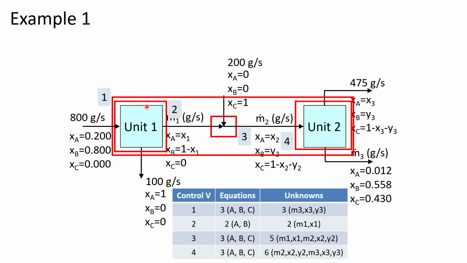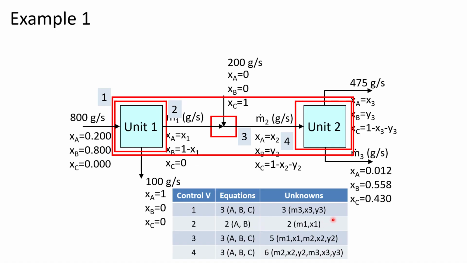A and B are the only ones present in Unit 1. Therefore, the number of equations is equal to 2. For the overall control volume, remember there are 3 equations because there's a third component present within it, but there are only 2 components in the control volume around Unit 1.